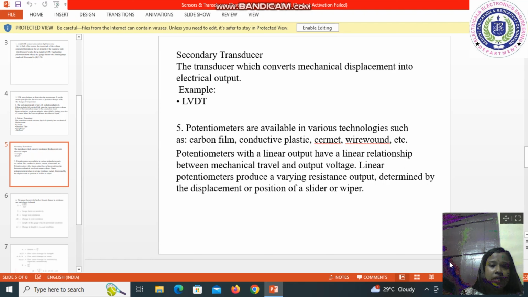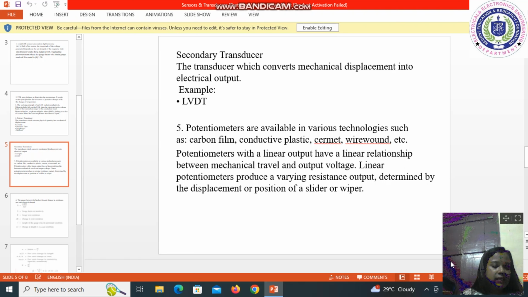We know that potentiometers are available in various technologies such as carbon film, conductive plastic, ceramic, wire wound, etc. The rating or resistive value of a potentiometer or variable resistor relates to the resistive value of the entire stationary resistance track from one fixed terminal to the other.